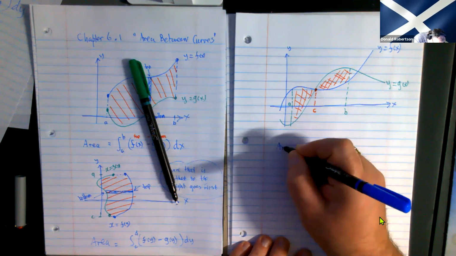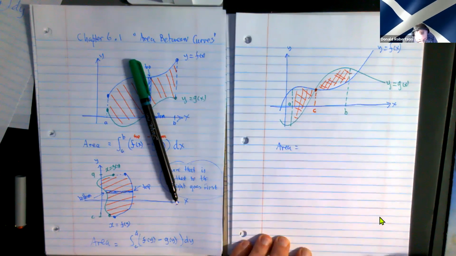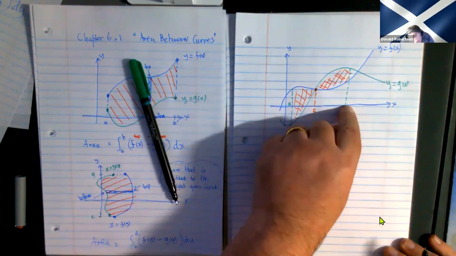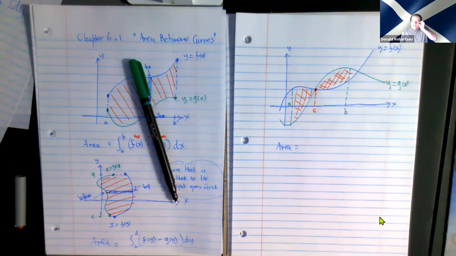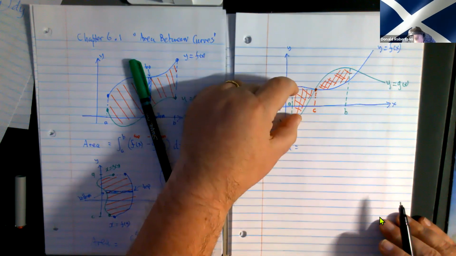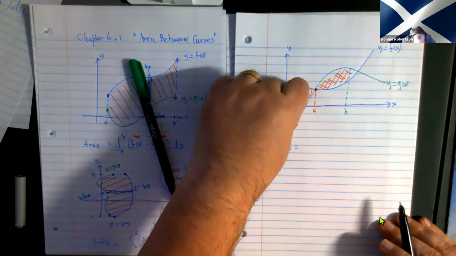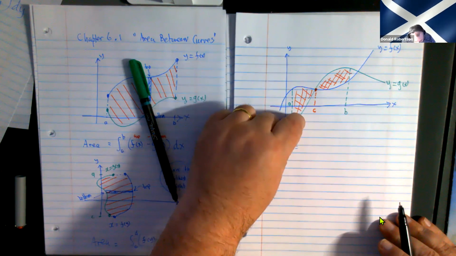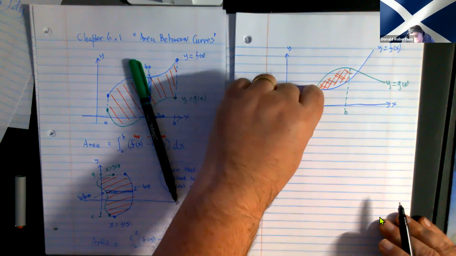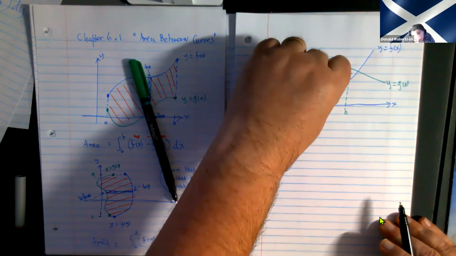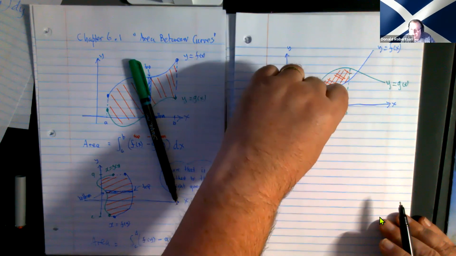The area between these two curves isn't the integral from A to B, f of x take away g of x. And the reason why that's not true is, isn't there a switch over? On this end here, this piece here, isn't the blue guy on top and the green guy on the bottom? But once you get to C, don't they switch places? And the green guy is on top and the blue guy is on bottom.